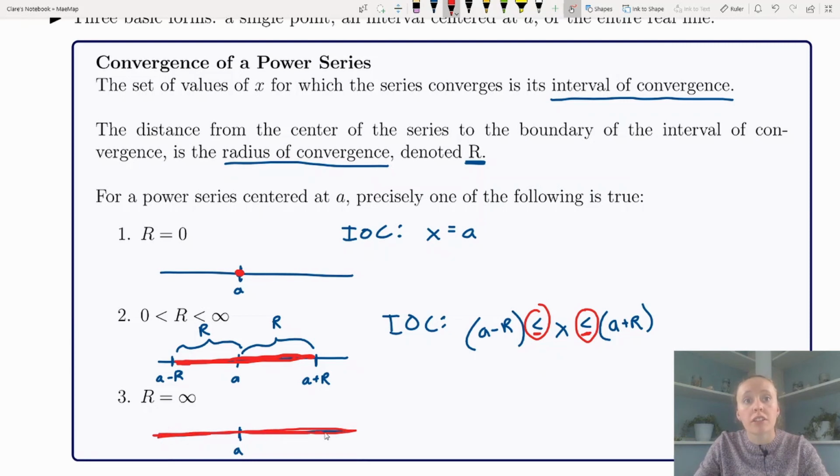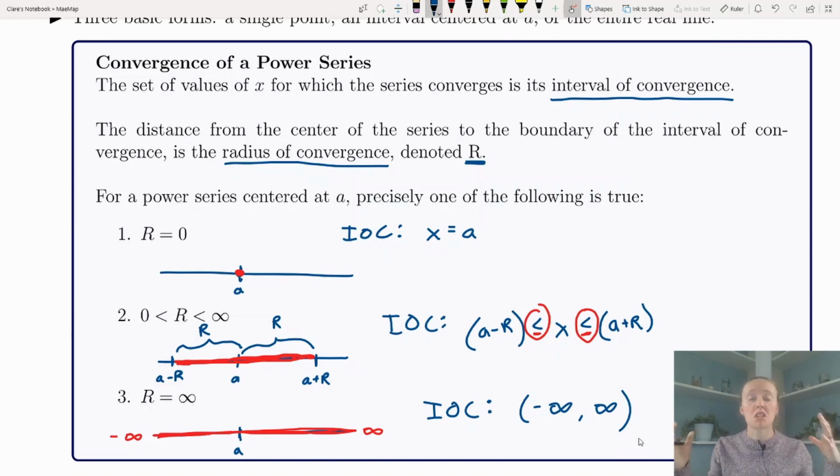So for all real numbers, heading towards infinity to negative infinity. So in this case, our interval of convergence, which I'll label as IOC, is going to equal negative infinity to infinity. So x doesn't really matter what it is, we're always converging in the case of this power series.